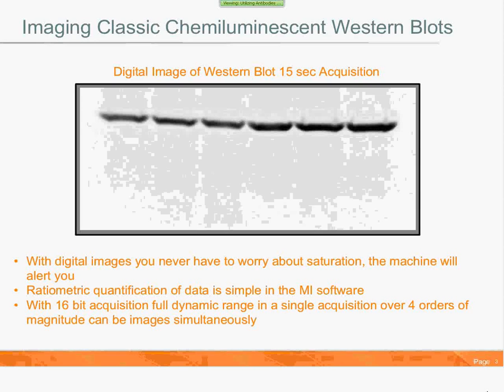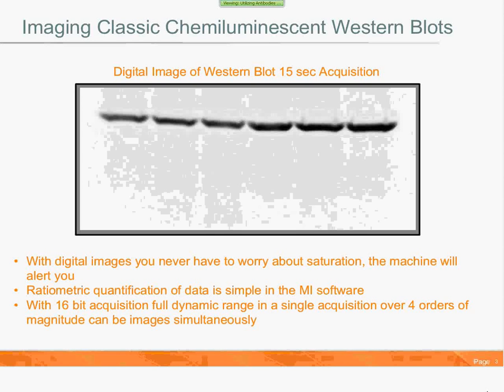So you can much more reliably quantify changes in density. We also provide very simple tools in our molecular imaging software for conducting ratiometric analysis, ratioing one band to another. And with full 16-bit dynamic range, you can acquire both bright and dim bands in the same image.